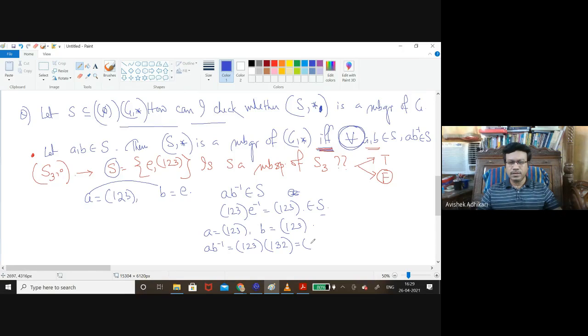Quickly. 1 goes to 3 and 3 goes to 1. So 1 goes to 1, 1 is gone. Then 2 goes to 1 and 1 goes to 2. So 2 goes to 2, okay?